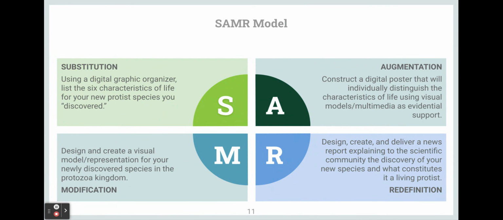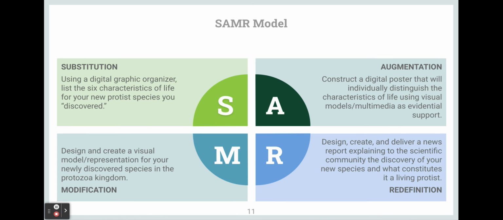So this is what I really want to focus on, the SAMR model. For substitution, the first thing, students are going to be using graphic organizers to list the 6 characteristics of life, and they are going to be defining those in the protist kingdom. Augmentation, they're going to construct a digital poster that will individually distinguish the characteristics of life using visual models or multimedia evidential support. This is an activity that I did previously in this semester, I think around week 3.